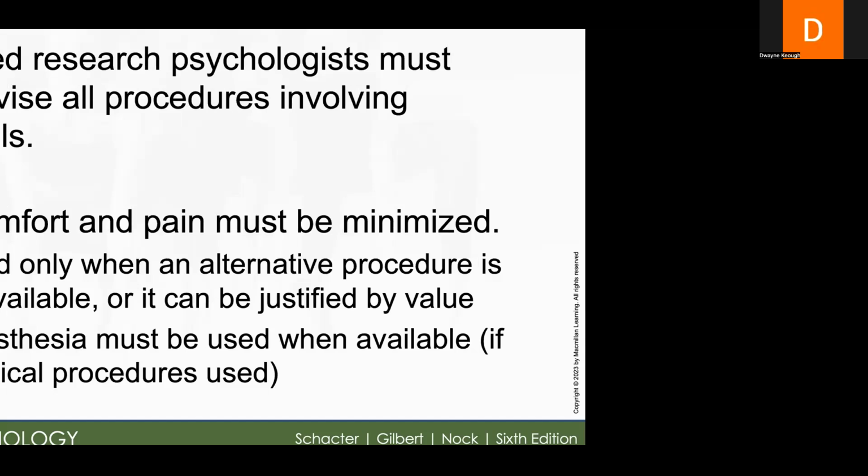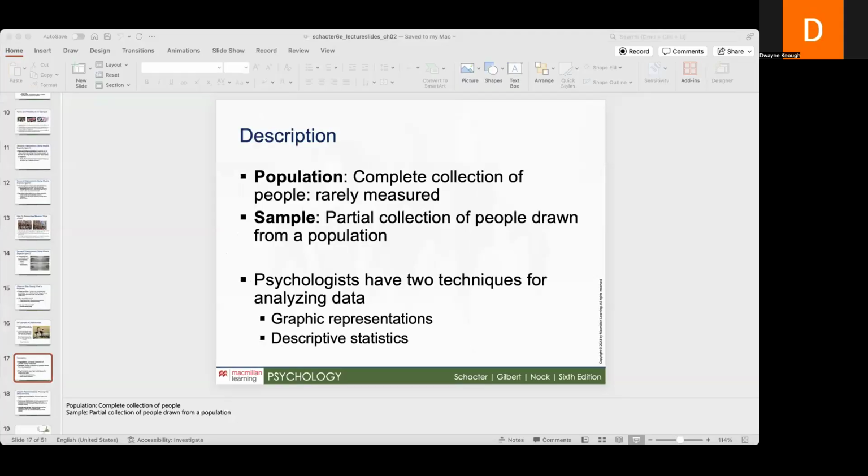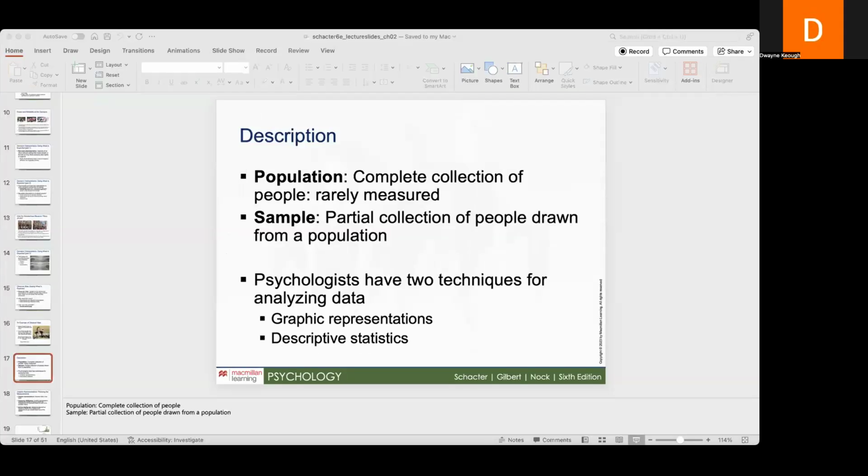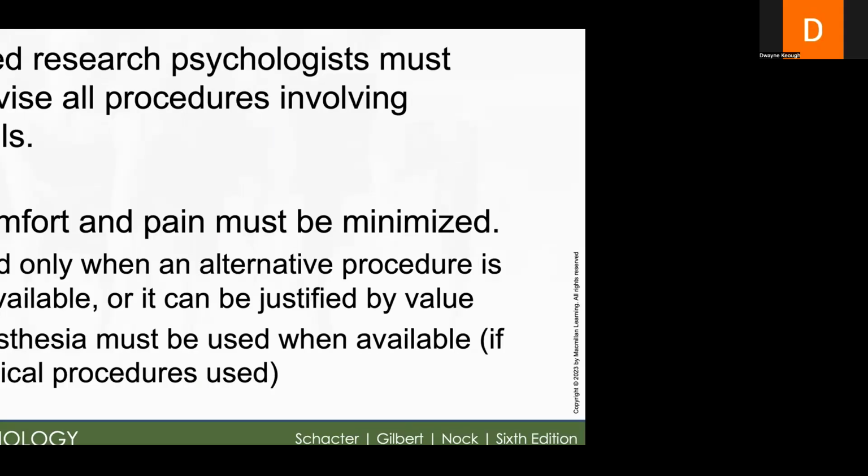In the case of animal research, trained researchers, psychologists, we have to supervise all of the procedures involving animals. And if we're going to cause harm or pain to an animal, it must be minimized, used only when alternative procedures are unavailable or could be justified. Anesthesia must be used when available if surgical procedures are used.